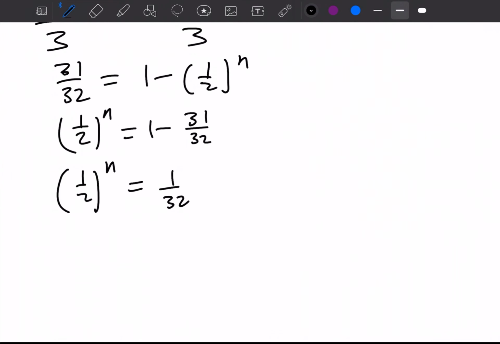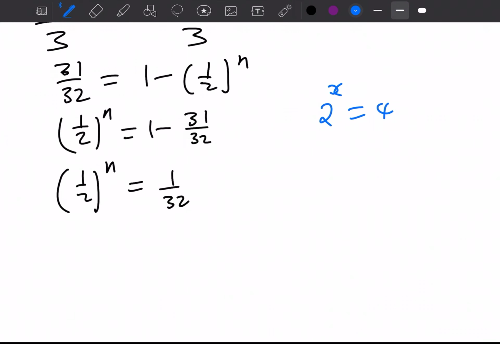Now remember, we're solving for n, so I'm gonna take you back into grade 8 and remind you how to actually solve a problem like this. Let's say you have 2 power n is equal to 4, and the question is solve for n. Let me make it x, because most of the time in grade 8 they'll say x. If 2 power x equal to 4, solve for x.